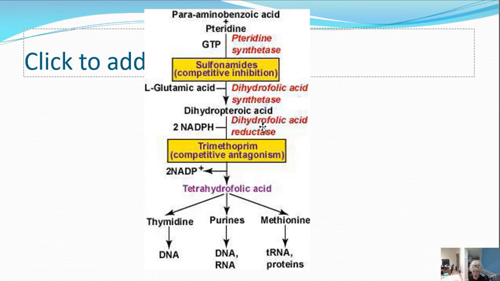And this is where your folic acid inhibitors work. Trimethoprim through competitive antagonism, and it works on blocking your thymidine, purines, and methionine. So you can see that these are dangerous drugs to our body's RNA and DNA.